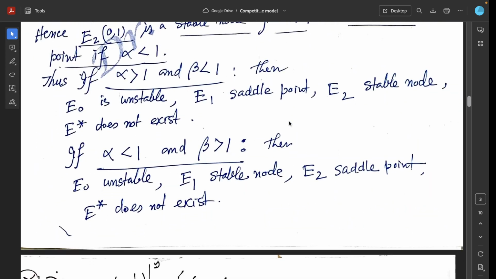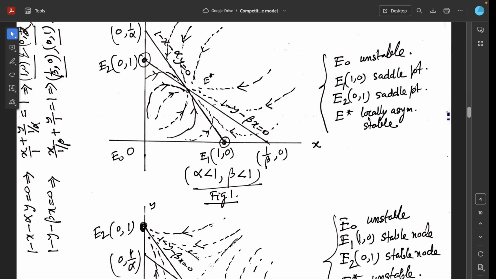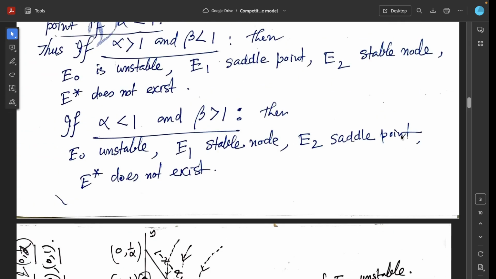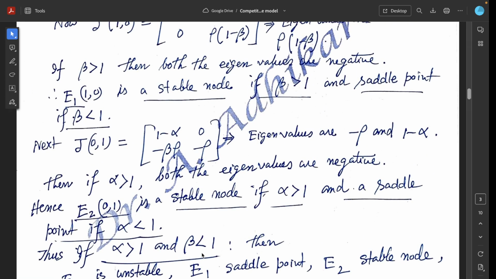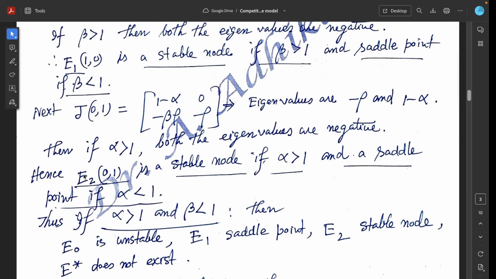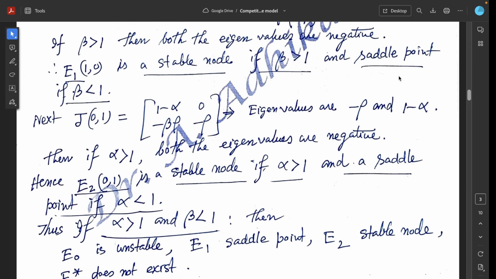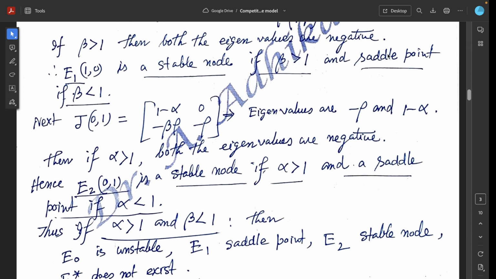And since alpha is less than 1, E2 is a saddle point, and since beta is less than 1, E1 is also a saddle point.